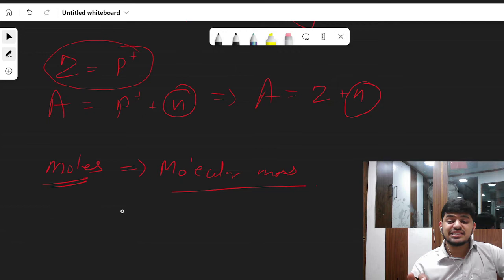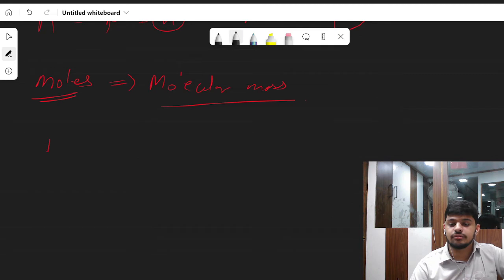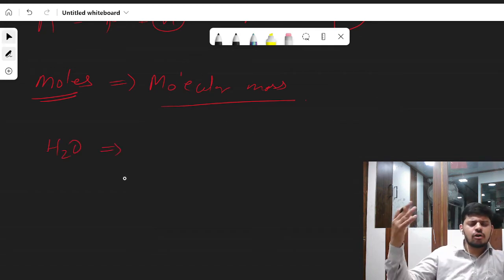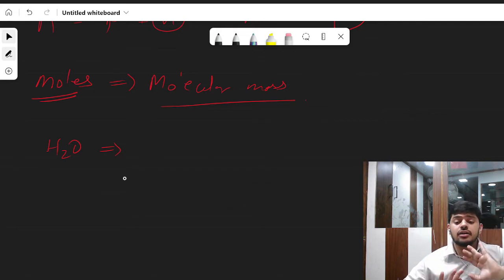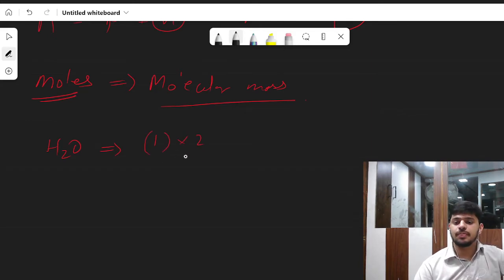Okay, the molecular mass of any molecule or atom defines 1 mole of atoms or molecules. Let us consider water, H2O. When you check the periodic table, hydrogen has a mass of 1, multiplied by 2 because we have 2 hydrogens here. Next is oxygen, which has 16.